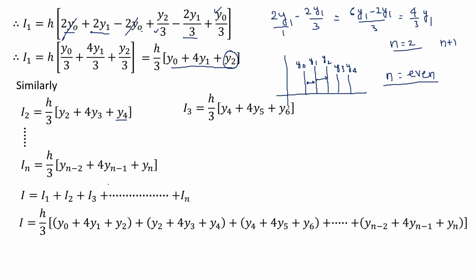Now if we add this, try to understand this part also: y0 plus 4y1 plus y2, then y2 plus 4y3.